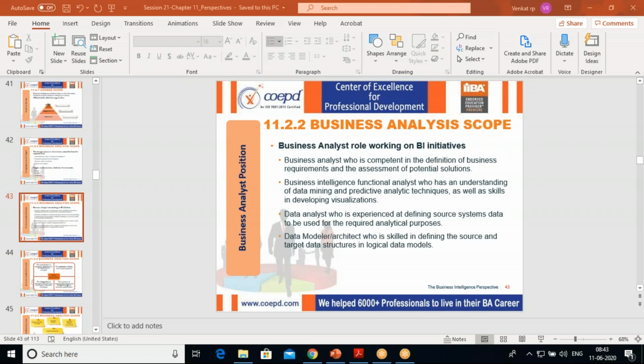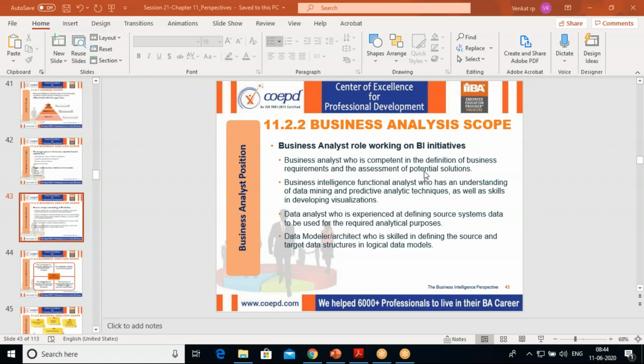Okay, and coming to where exactly a business analyst is positioned. Here we need to understand what sort of information is required at what level, who is going to use it, and for what purpose they want that information.